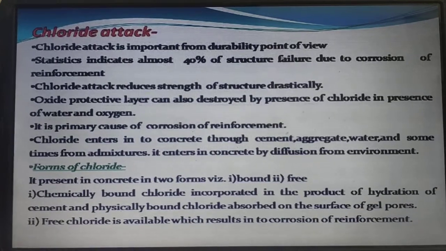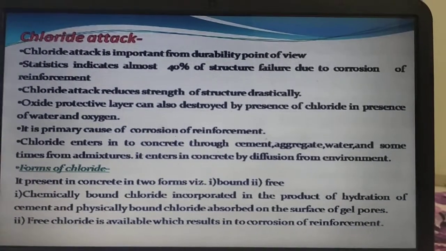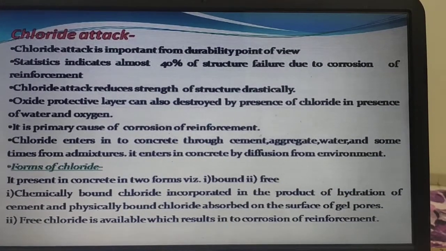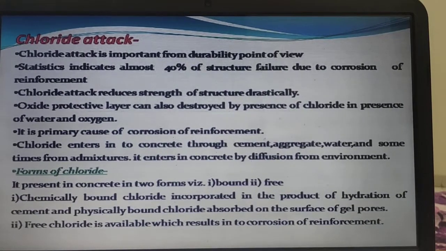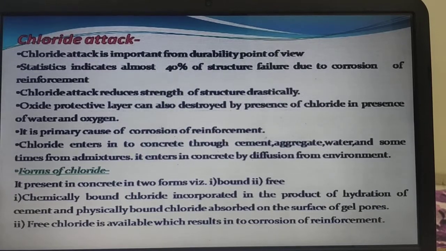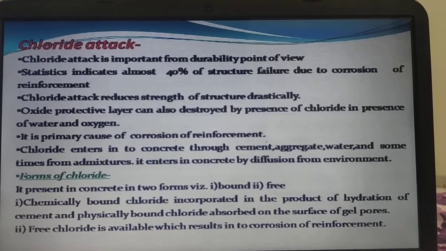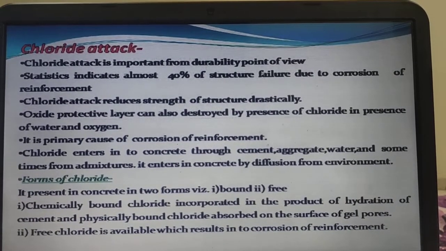If you refer to some research papers, it is found that 40% of structural failure is due to corrosion of the reinforcement. It is possible that chloride attack reduces the strength of a structure drastically due to corrosion of reinforcement.